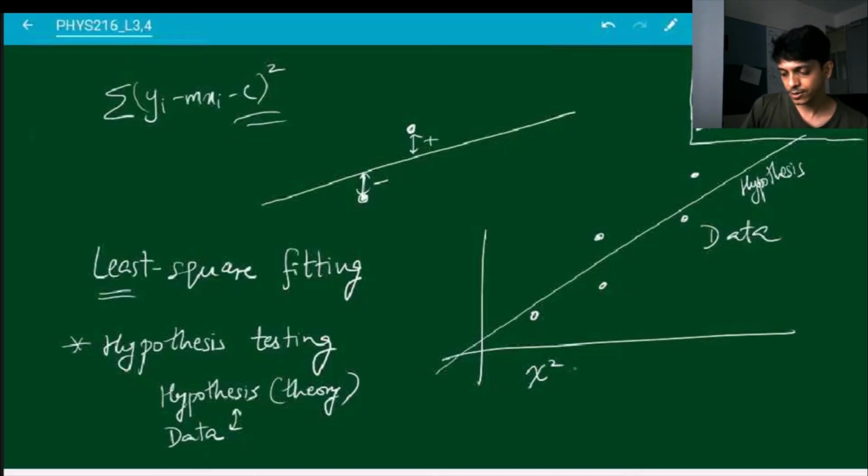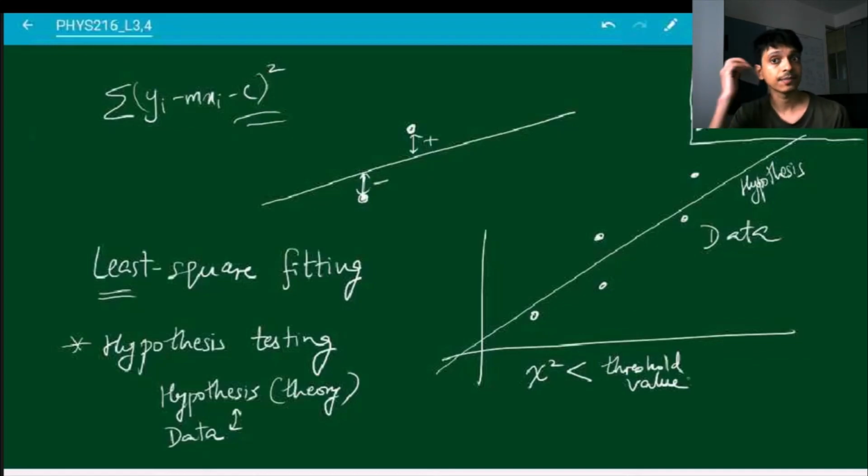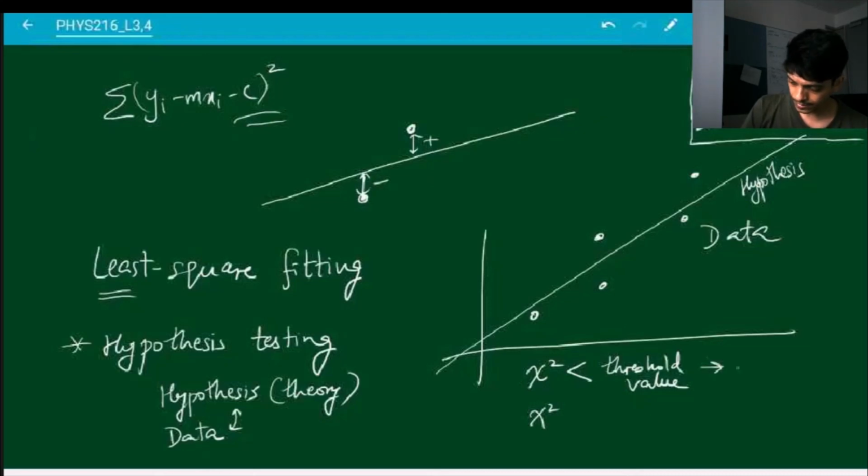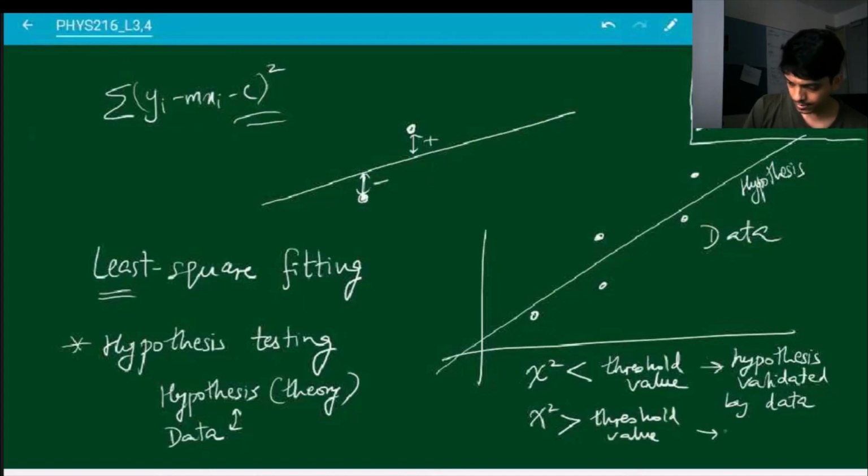If the chi-square is less than some threshold value, then you will say that the hypothesis is compatible with your data, so the hypothesis is validated by the data. But if it is greater than the threshold value, then you will say that the hypothesis is rejected.